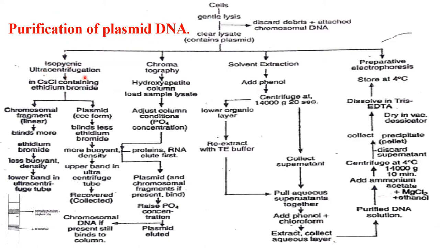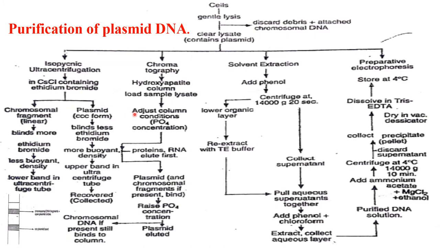In isopycnic ultracentrifugation, cesium chloride containing ethidium bromide is used. If there is a chromosomal fragment, it will bind more to the ethidium bromide, giving less band density, and it will form a lower band in the centrifuge tube.